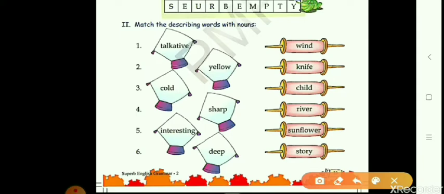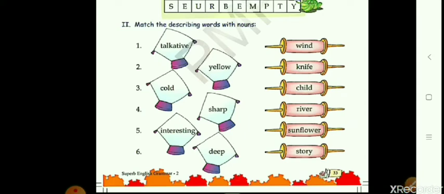The nouns given there are wind, knife, child, river, sunflower, and story. Now what you have to do is match the correct describing word with its correct noun.